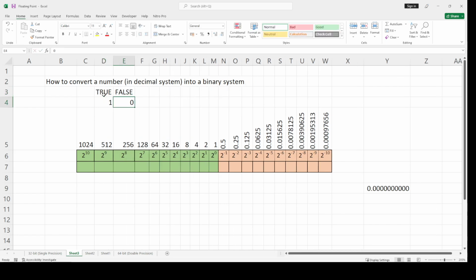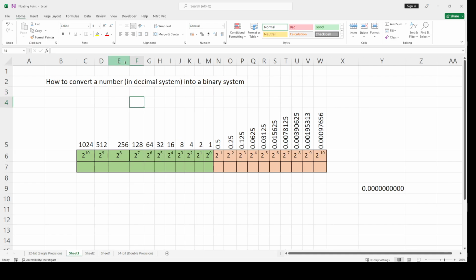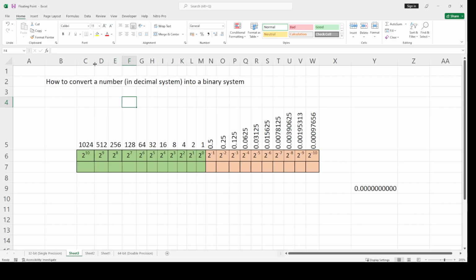What other examples of binary systems can you think of? It's just two. A decimal system can be represented by 10 symbols, hence decimal system. So what are these symbols?